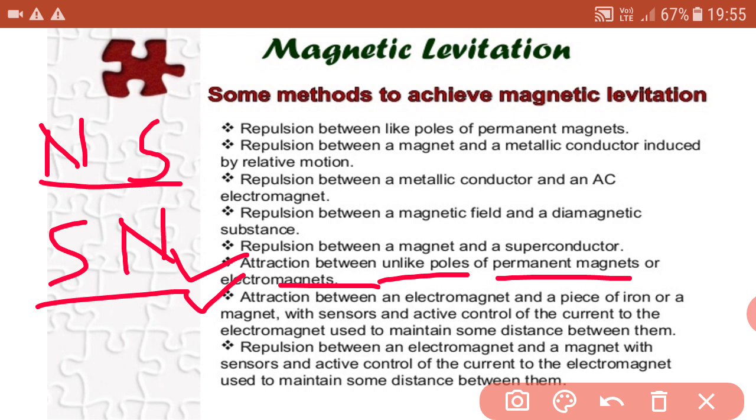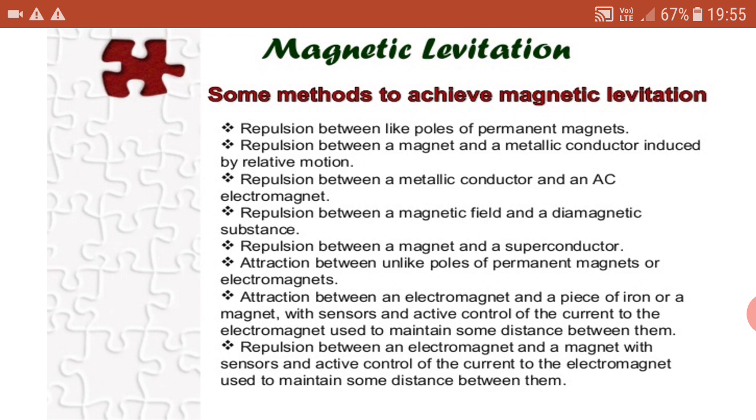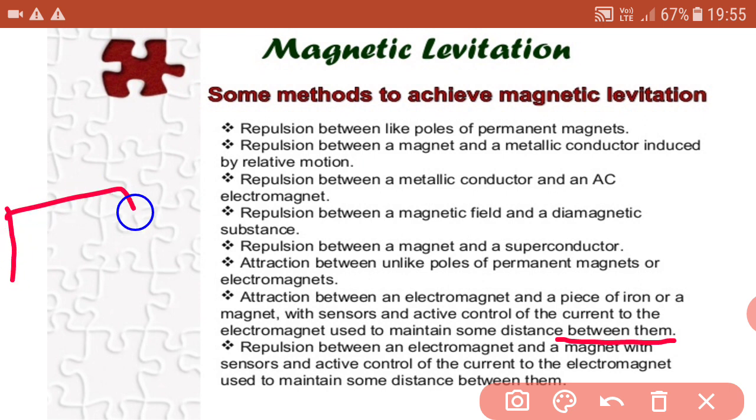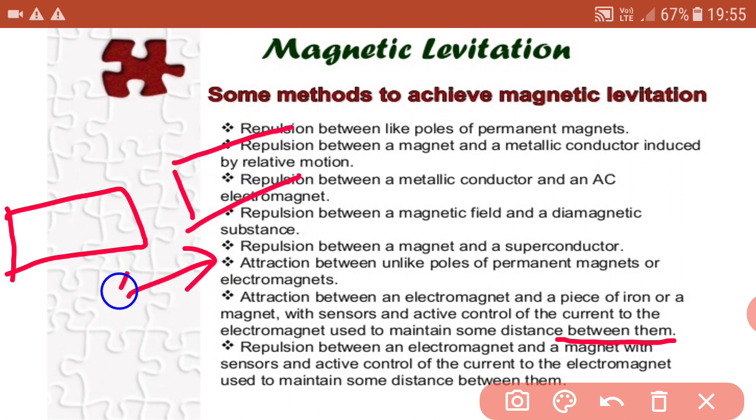Next one is attraction between an electromagnet and a piece of iron, or a magnet, with sensors and active control of the current to the electromagnet used to maintain some distance between them. We know what an electromagnet is. There is attraction between the electromagnet and a conductor, particularly iron.